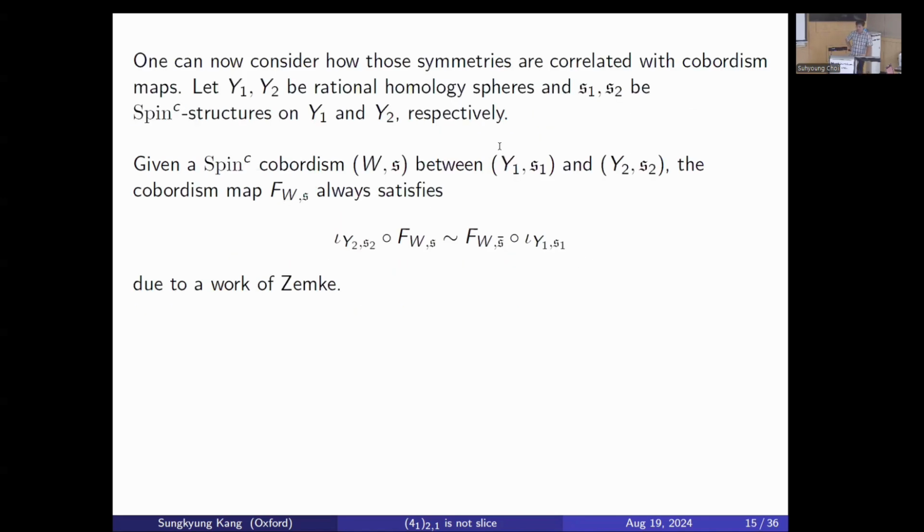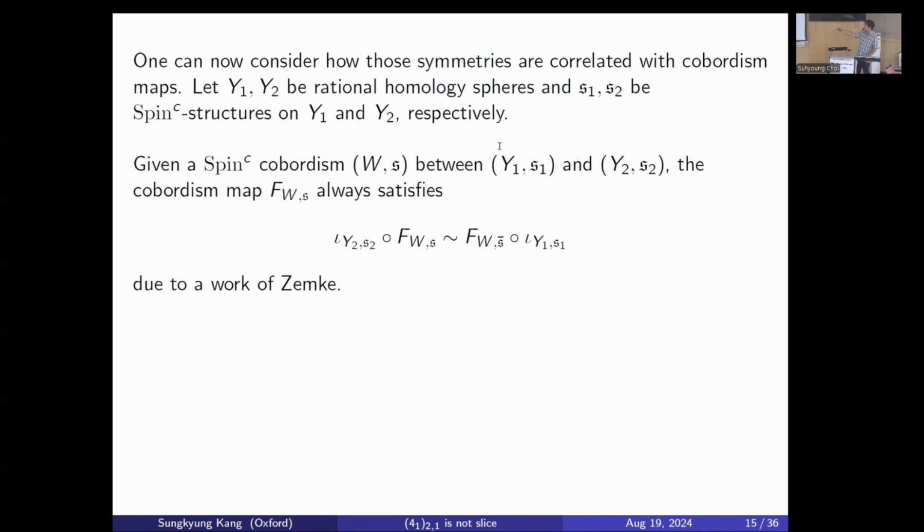Now we consider how those symmetries are correlated with cobordism maps. The setting here is that you have two rational homology spheres, Y1 and Y2. Actually, they don't need to be rational homology spheres; we just stick to the simplest possible setting. Let's take two spin-C structures, S1 on Y1 and S2 on Y2, and say we have a spin-C cobordism between them, W with structure S. Then the cobordism map with respect to this spin-C structure will map CF minus of Y1 to CF minus of Y2.